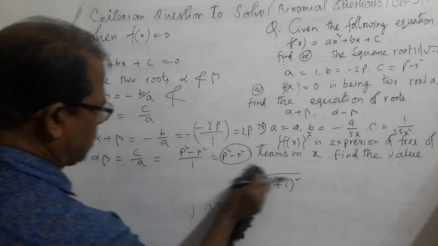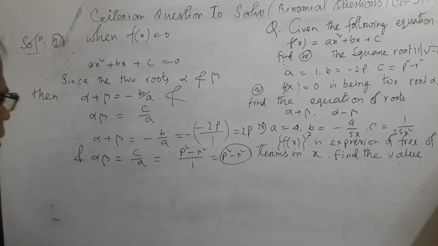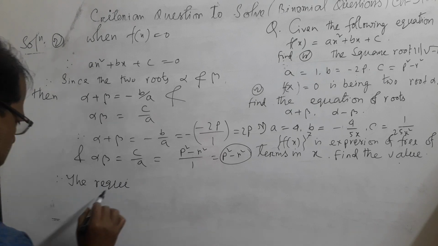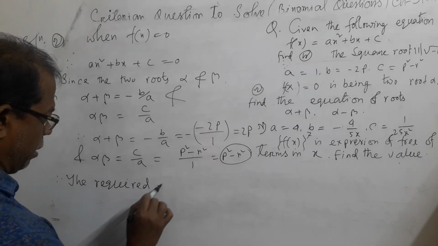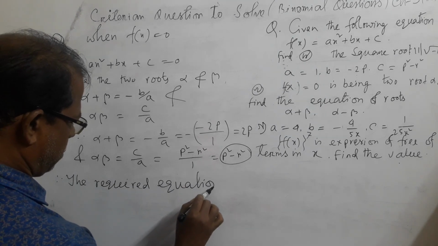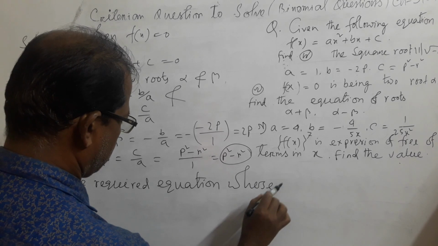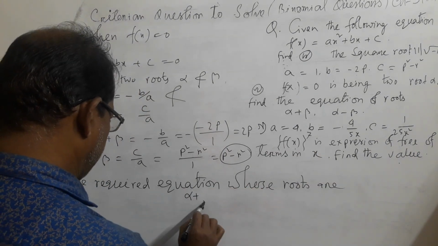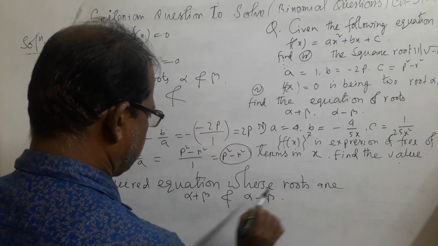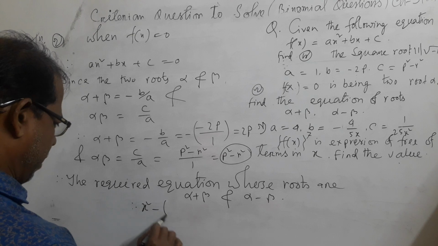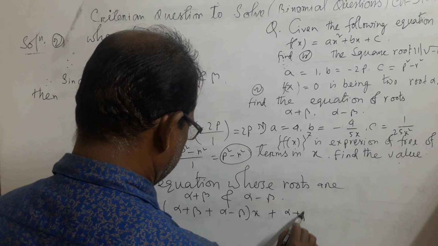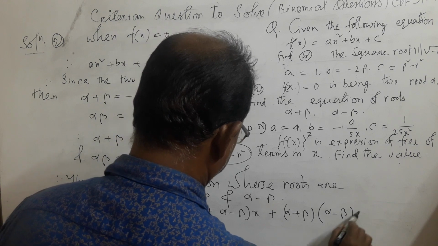It is an easy process and easy maths. I think the required equation whose roots are alpha plus beta and alpha minus beta is x square minus the sum of alpha plus beta and alpha minus beta into x, plus alpha plus beta into alpha minus beta equal to 0.